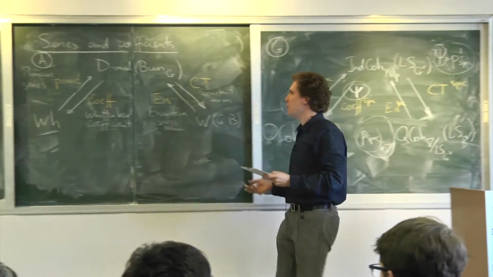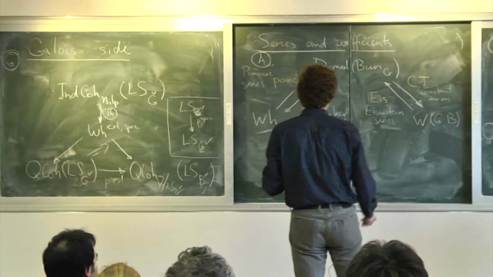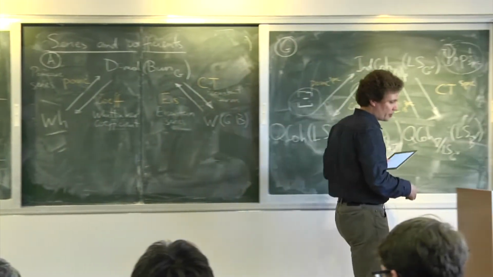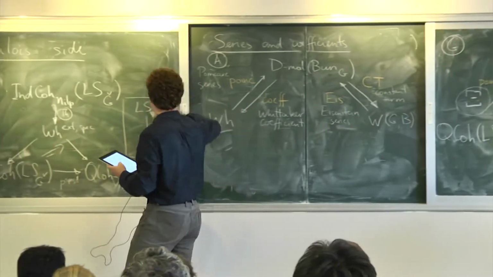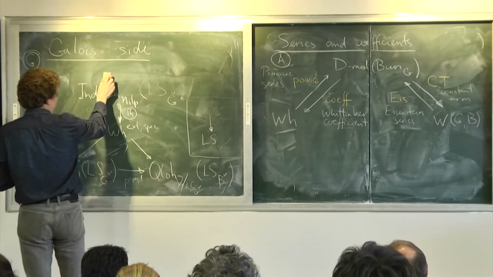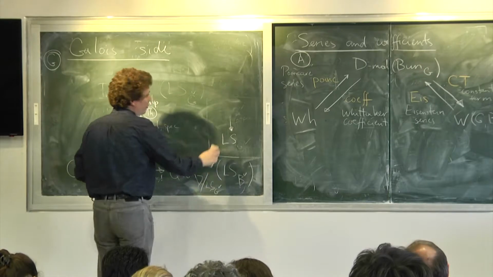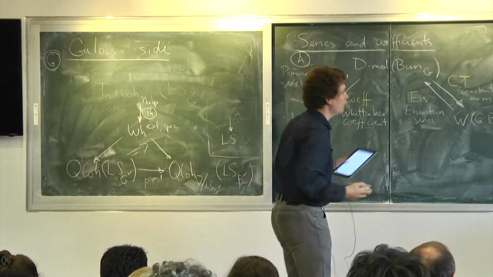Okay, so now, as was promised, I'm going to generate a bunch of objects in those categories. So this is the second part of the story. I no longer need this diagram. I'm going to keep this one, though.